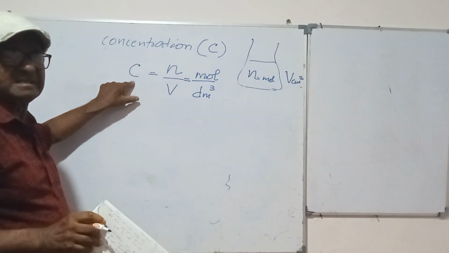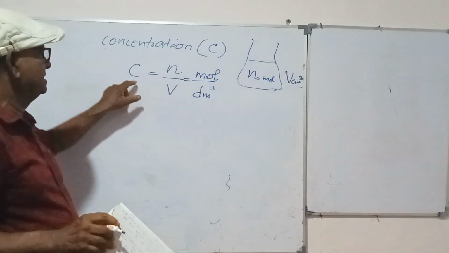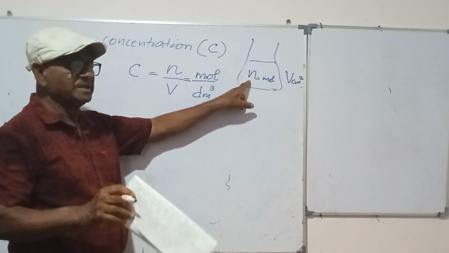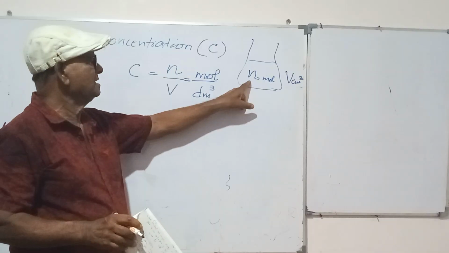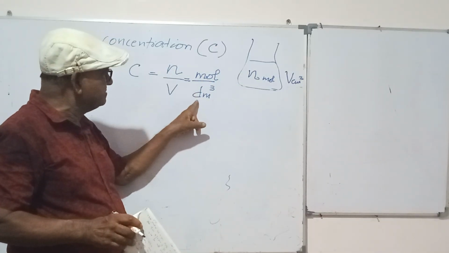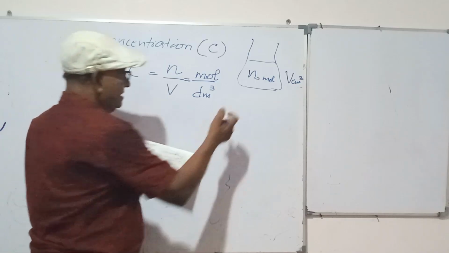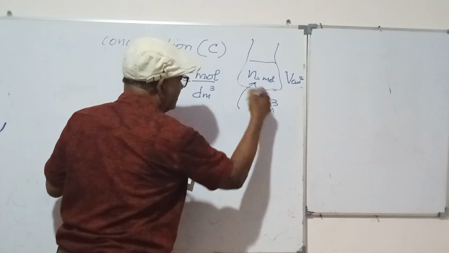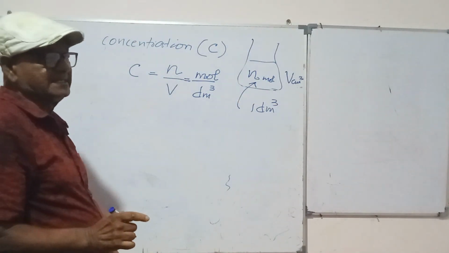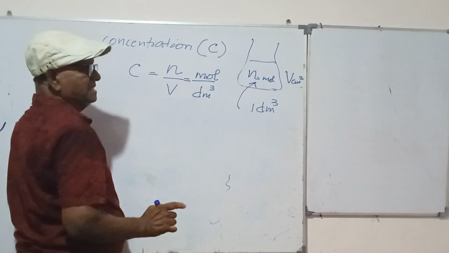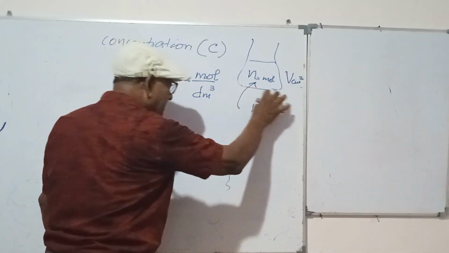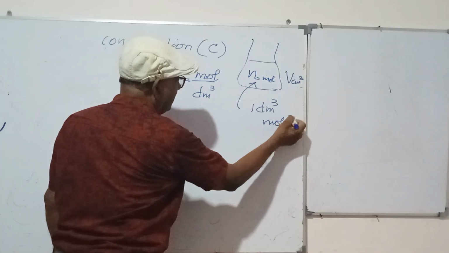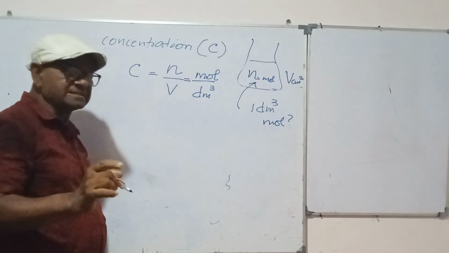As the concentration, we calculate how many moles of the solute are present in 1 cubic decimeter of the solution. If we take 1 cubic decimeter of the solution, how many moles are present in this solution? It is the concentration.